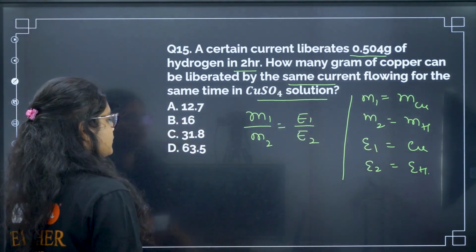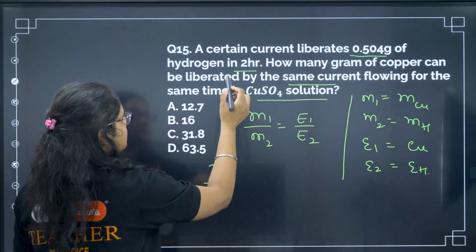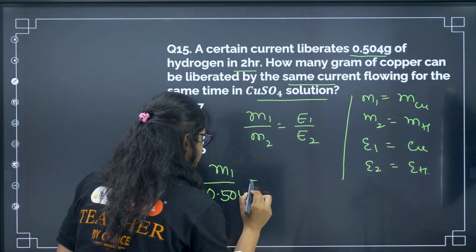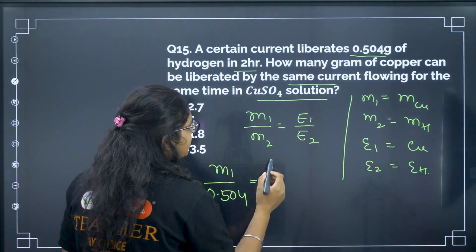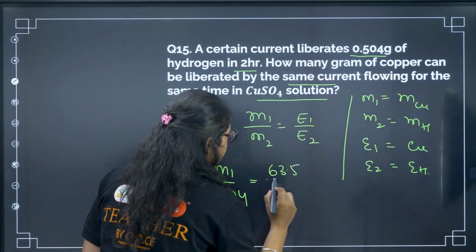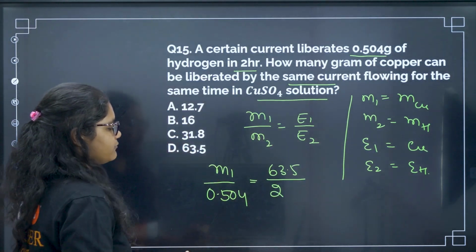So now let us substitute. This value I have to calculate. M2 is how much? What is the mass of hydrogen deposited? 0.504 gram. Then the equivalent weight of copper will be, molar mass of copper is 63.5 divided by n factor, that is 2, right? Molar mass by n factor is equivalent weight.